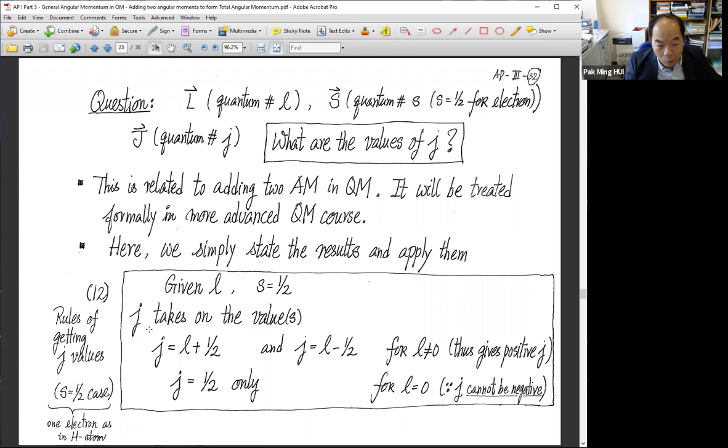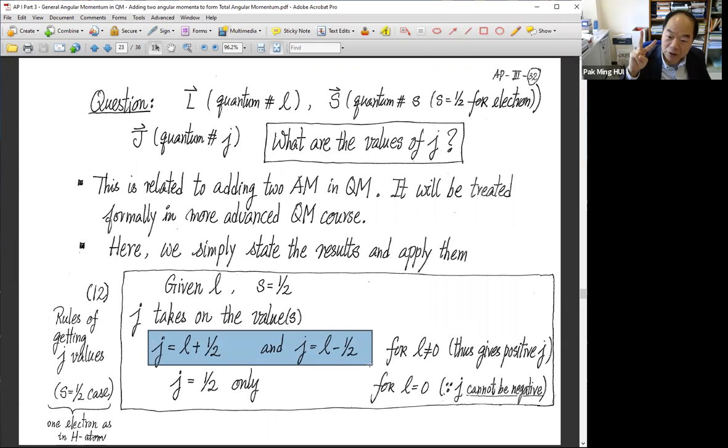Therefore, when we exercise this possibility, we have to make sure that the resulting J cannot be negative. But there's one case. If you exercise this one, it will be negative. It is the S state, L equals 0. That is to say, if we exercise this possibility, L cannot be 0. That is to say, for S state, don't use this. For P, D, F, other states use this, okay? You will get 2 values of J.